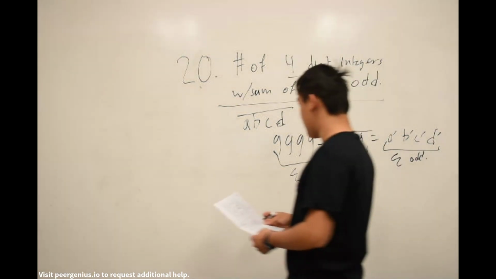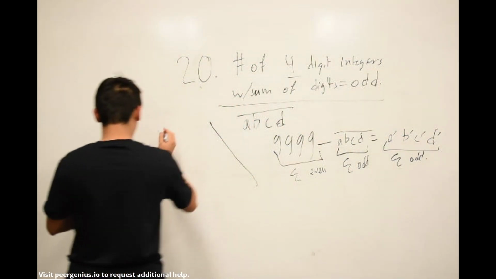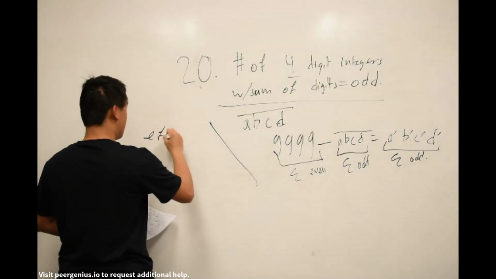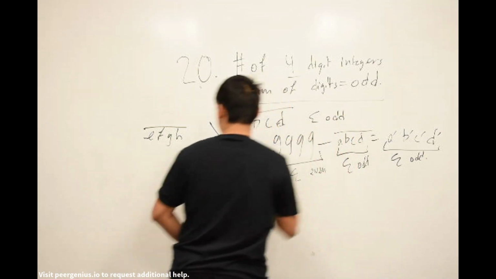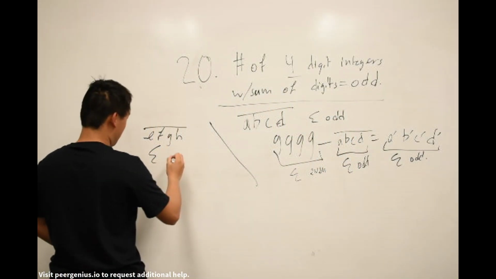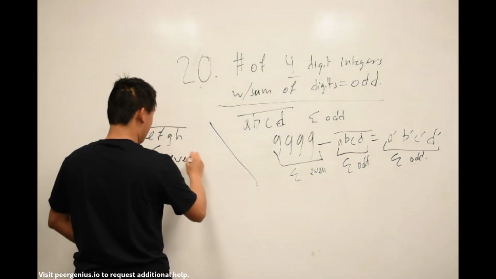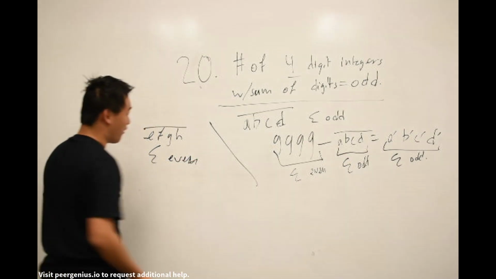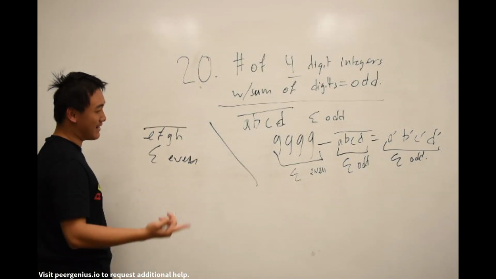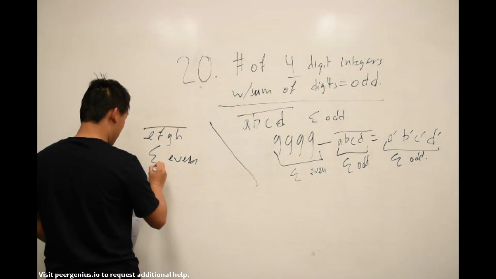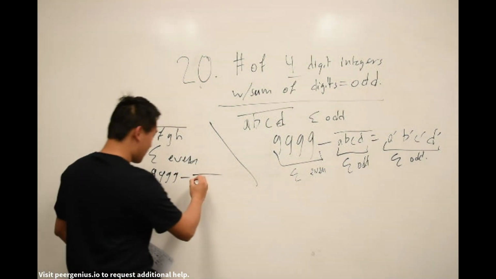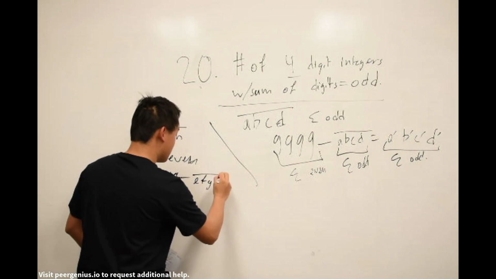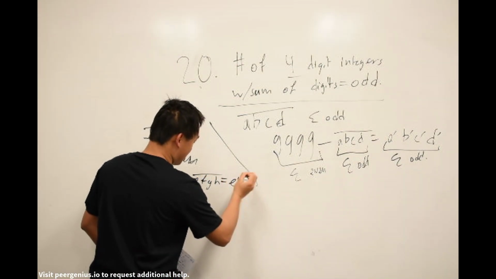Now let's push this a little further. Let's have EFGH with the sum of digits being even. Applying the magical formula, 9999 minus EFGH equals some other number.